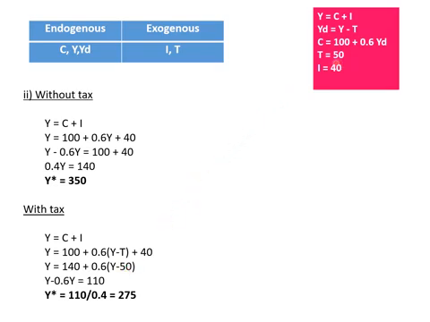Taxes are in this model, so we have to substitute in, but then the approach is the same. It's just calculating through, so we would multiply through this bracket by 0.6, and then gather the y terms on the left hand side, and through a little bit of calculation you would be able to calculate that equilibrium income when there are taxes is 275.